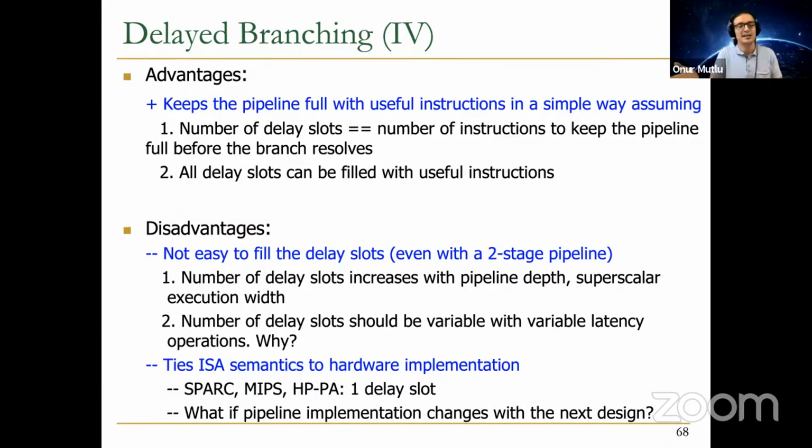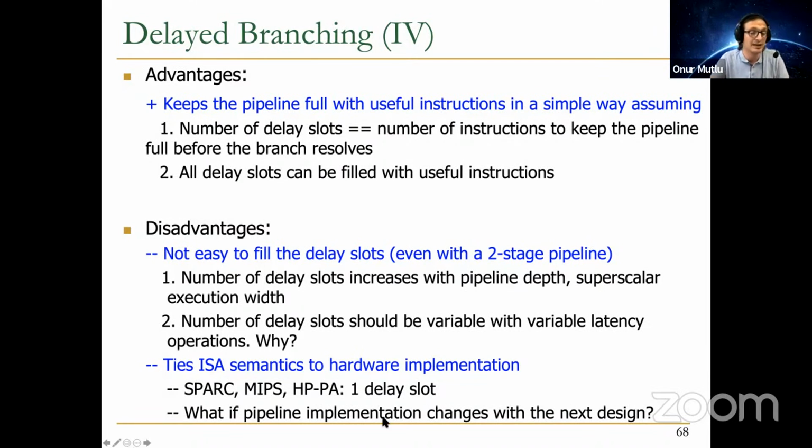Unless you are really full-blown and saying, okay, my ISA is always tied to microarchitecture, in a general purpose ISA, you probably don't want to do that because microarchitecture should be flexibly changed without being tied to the ISA. Otherwise, whatever you introduce into the ISA may not be very useful in general.